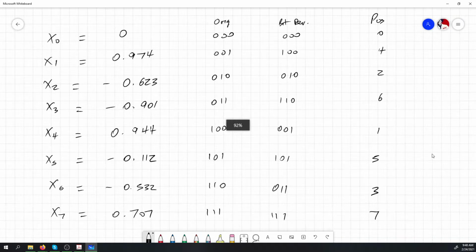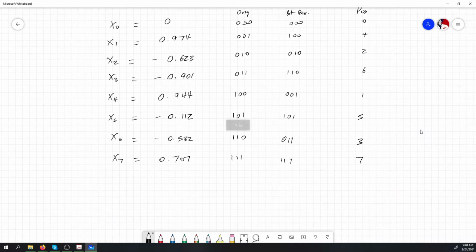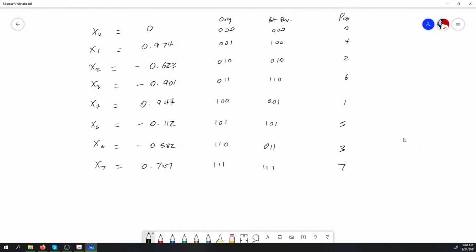So, zoom out a little bit. Our actual x vector here, after we do our bit reversal process, we're just going to map back to our new positions as required. So, this one here is at position 0, so the value here is going to be 0.